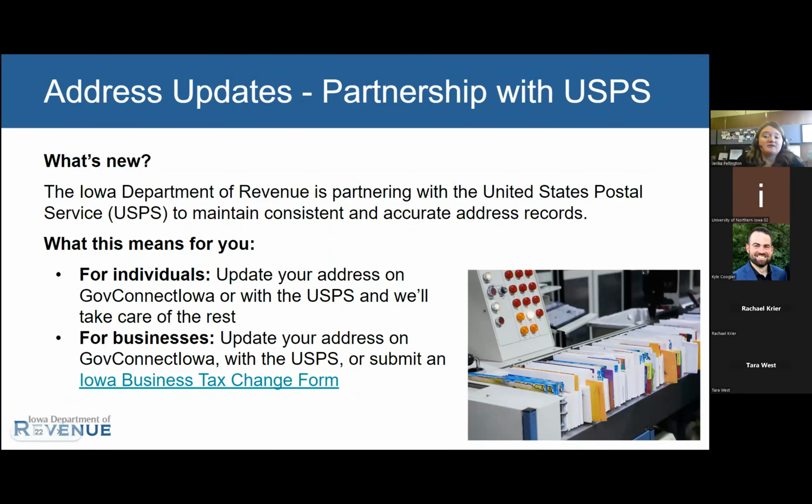You can also connect to your tax accounts on GovConnect Iowa to view and update the address information. And then for at least individual income taxpayers here, you do have the ability to update the address on the return. So say that you file your return next year, we will automatically update it with the current address that you provide on a new return.